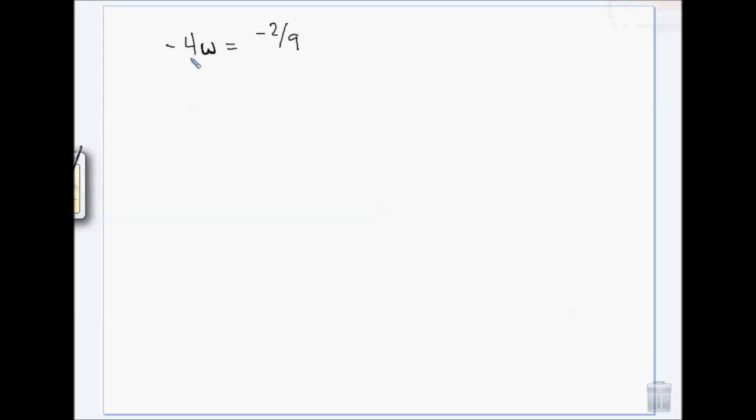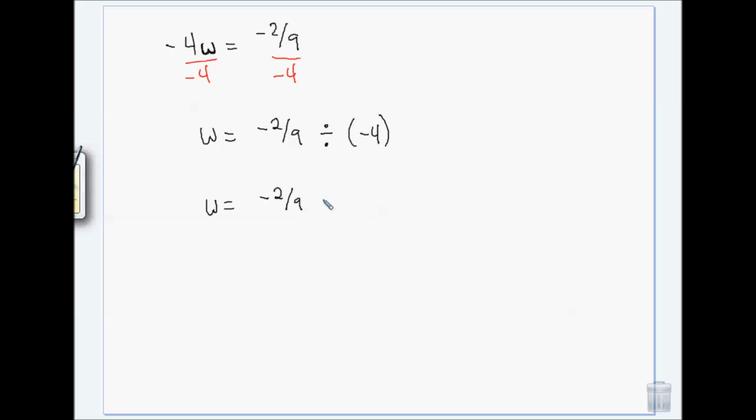Okay, so what we're going to do is we're going to divide both sides by -4. But instead of dealing with this, remember we talked about complex fractions yesterday, or Monday? We're going to rewrite that as -2/9 divided by -4. Because that's what we're doing. We're dividing it by -4.